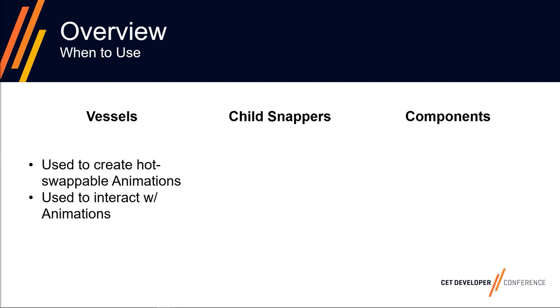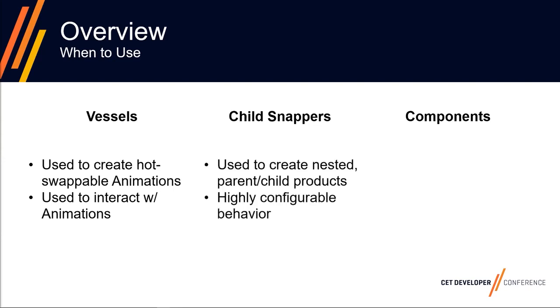However, if you want a subproduct, the first thing to consider is using a child snapper. Since the relationship is very configurable, you can choose whether or not you select it. The user might not even know he's interacting with a different snapper entirely.